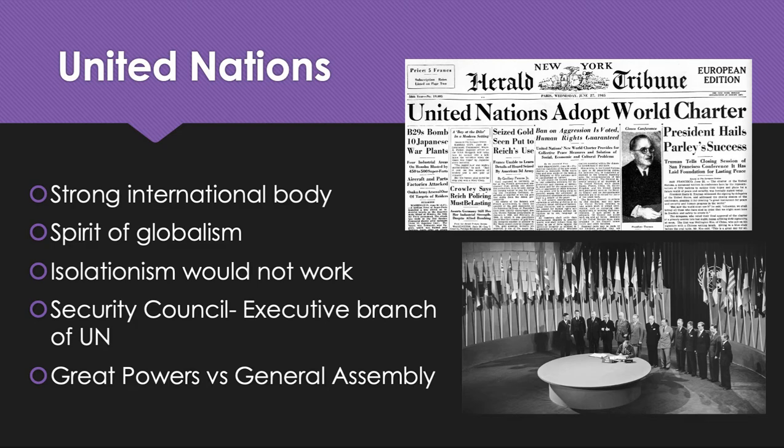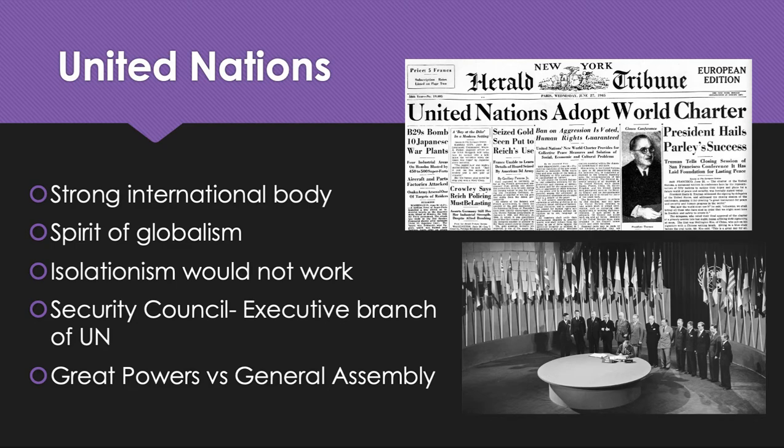Now, there are two big parts of the United Nations. We have the great powers and we have the General Assembly. The great powers are going to be the US, Great Britain, France, China, and the Soviet Union. They all have permanent seats and they all get the power of veto. Action from the United Nations cannot be taken without all five in agreement, which leads to Cold War tensions.